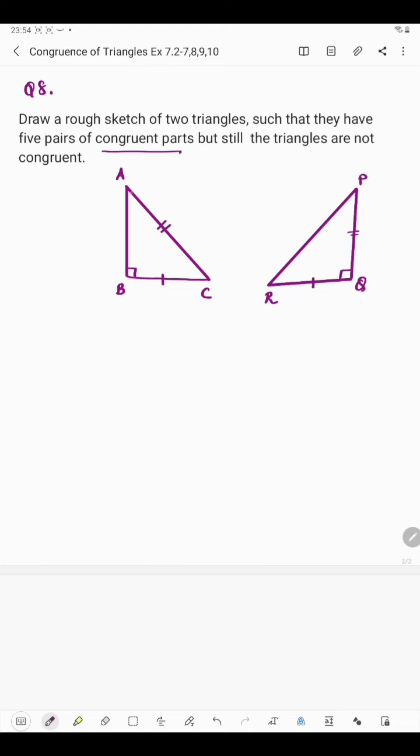Okay, and A angle and P angle is equal, and C angle and R angle is equal.